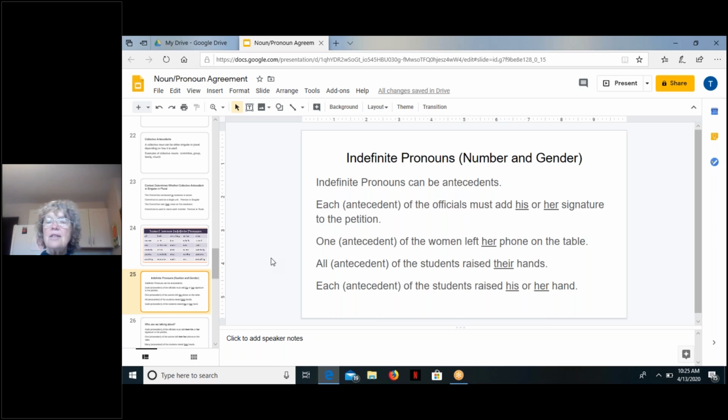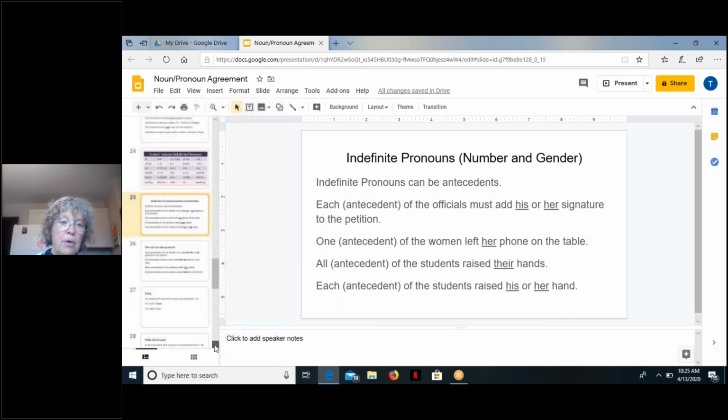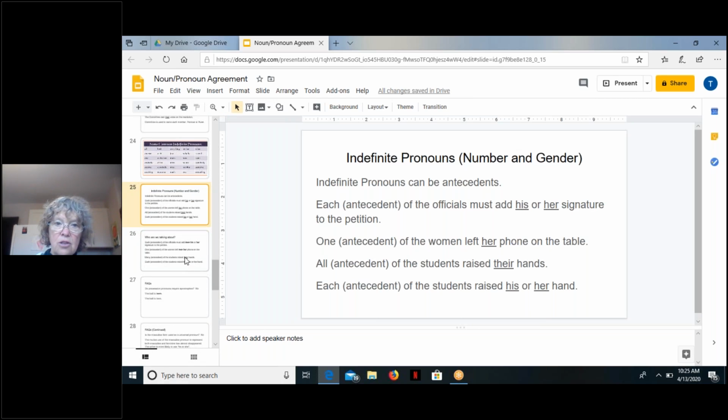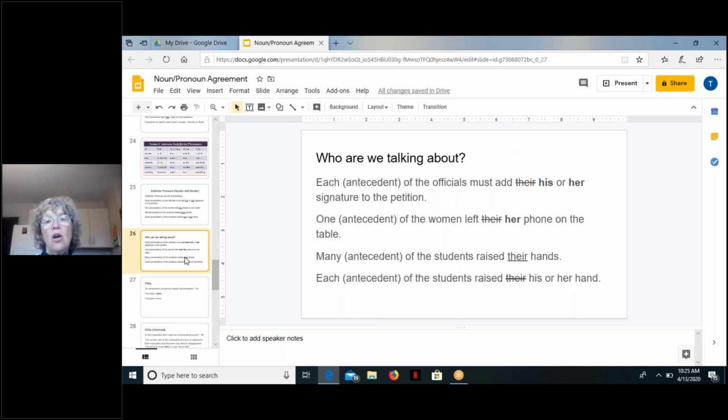When you use "each" instead of "all," now you're talking about each one of them, and we're talking about each hand, his or her, as a singular pronoun to agree with each. So again, who are we talking about? Each of the officials must add his or her signature to the petition, each being singular, which is agreed with by his or her singular signature.